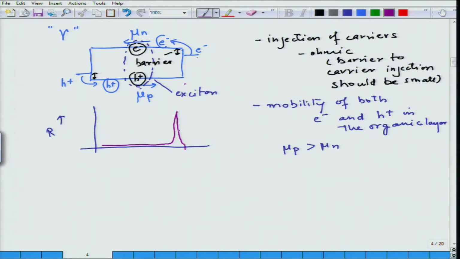This is a problem because these excitons are then quenched due to proximity to the cathode.